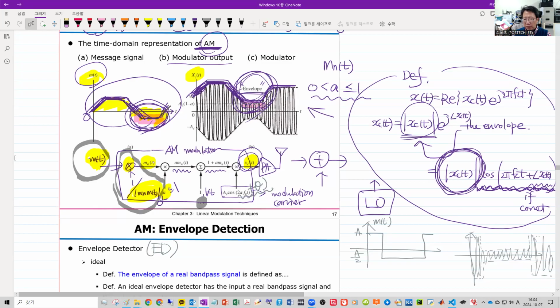Roughly speaking. Got it? And by the way, whenever you have an inequality, usually we consider the extremes, like what if A is very close to 0? What if A is very close to 1? That's what you are going to see, okay?